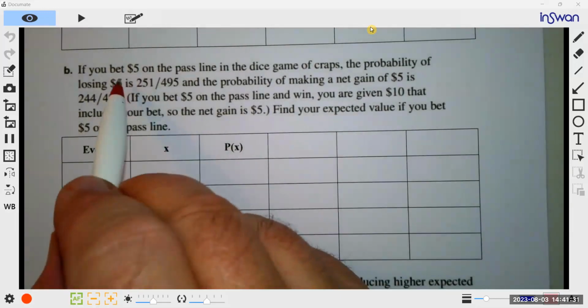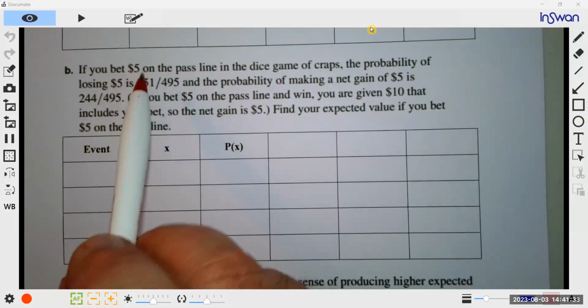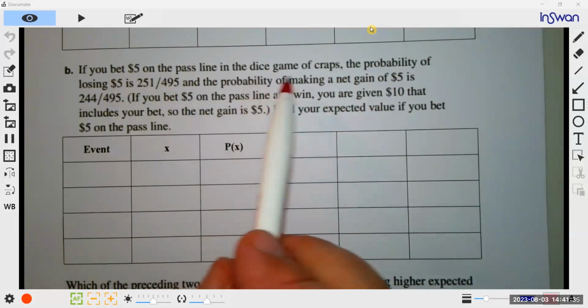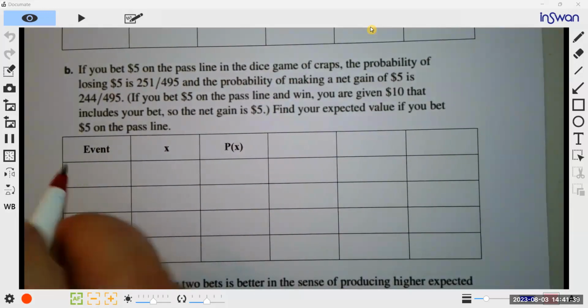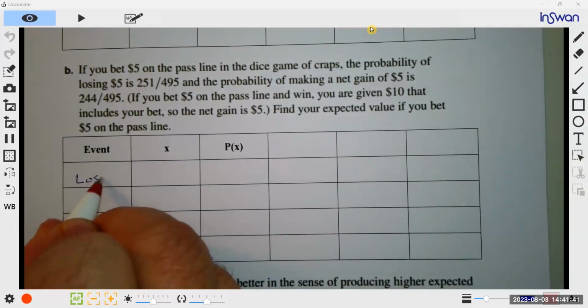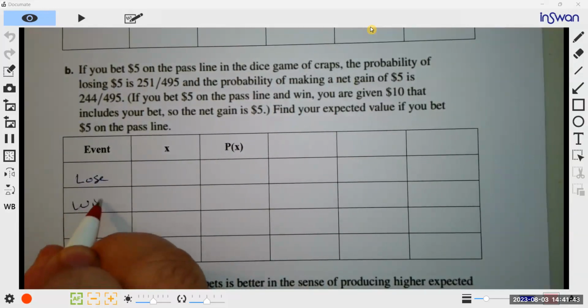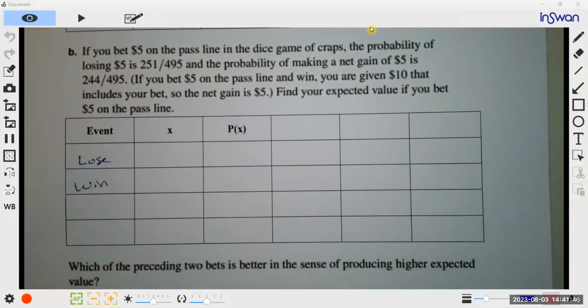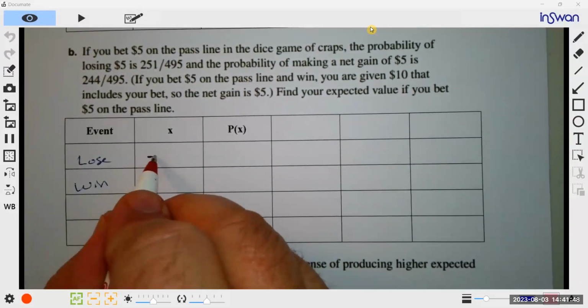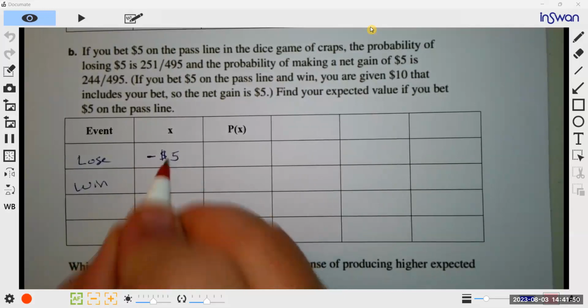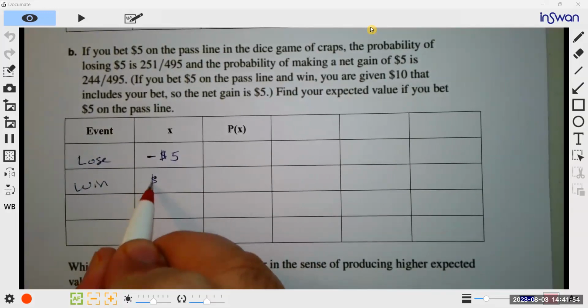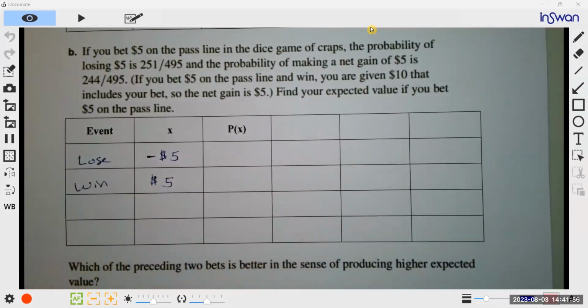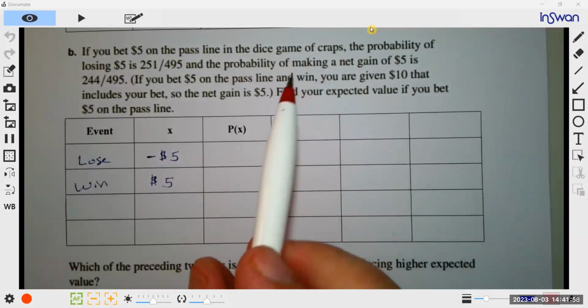Now, this is for the craps table. If you bet $5 on the pass line of a craps game, again the event is to lose or to win. If you lose, you lose your $5. In craps, if you win, you only win $5 on the pass line.